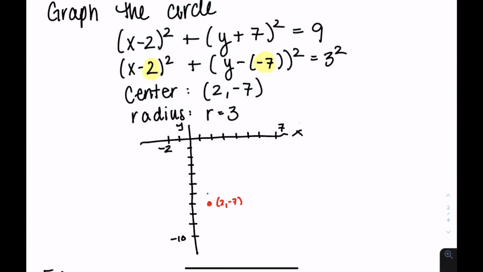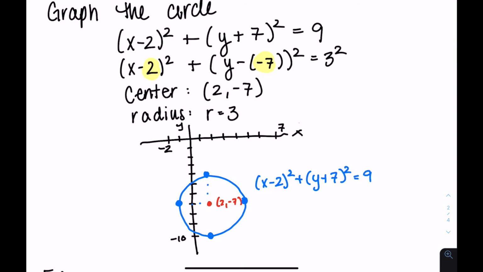So I'll go up 1, 2, 3, and that point's going to be on my circle. I'll go left 1, 2, 3. That's on my circle. Down 3 and right 3. And then we just connect our dots, and here is the circle (x minus 2) squared plus (y plus 7) squared equals 9.